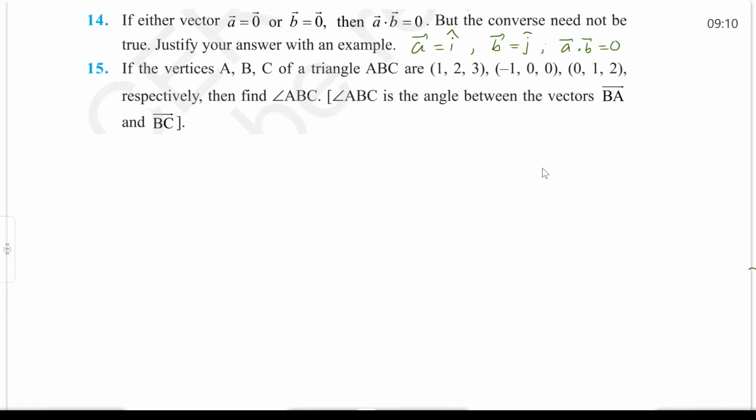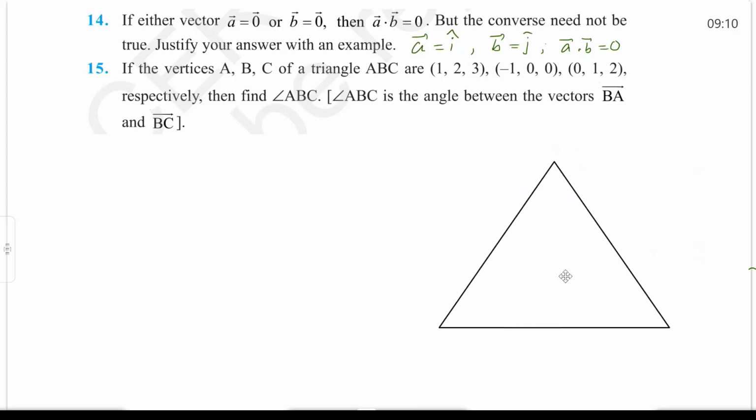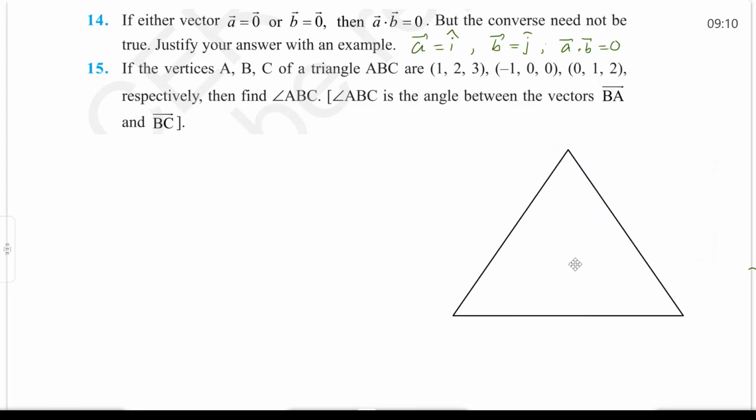Its vertices are given in the question, so I am writing them. This is vertex A, its coordinates are 1, 2, 3, and the position vector is simply i cap plus 2 j cap plus 3 k cap.